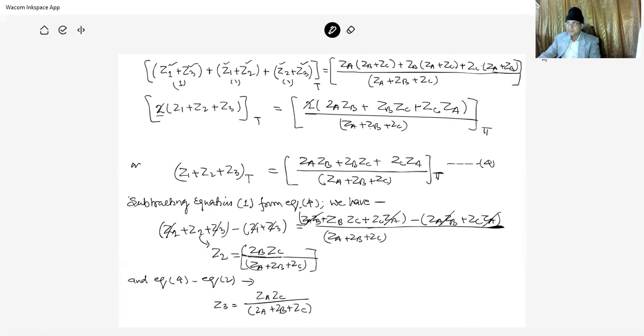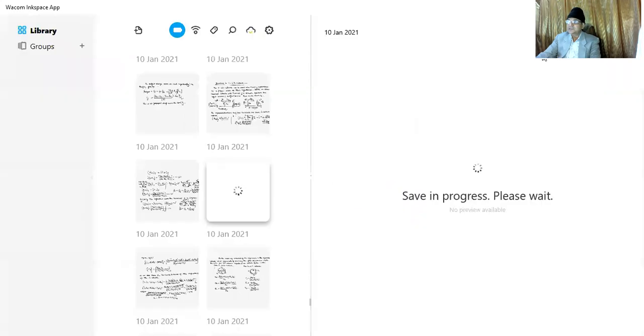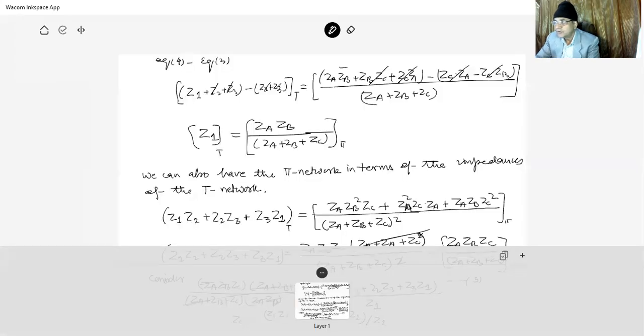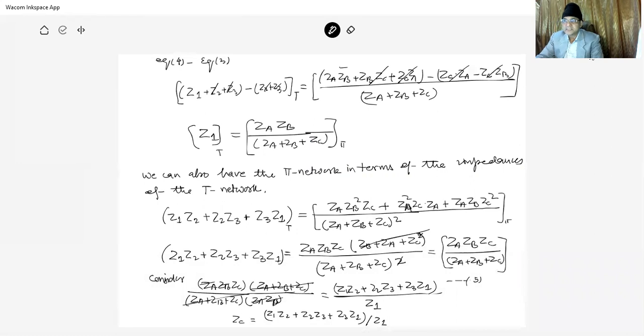Similarly, from equation 4, subtracting equation 2, we find Z3. So this is the expression of Z3. And similarly, we can have the expression for Z1. That is, equation 4 minus equation 3, which subtracts Z2 plus Z3 from the given expression.